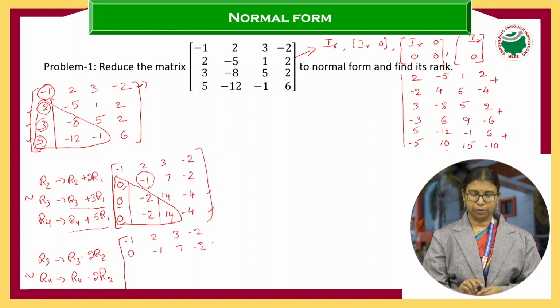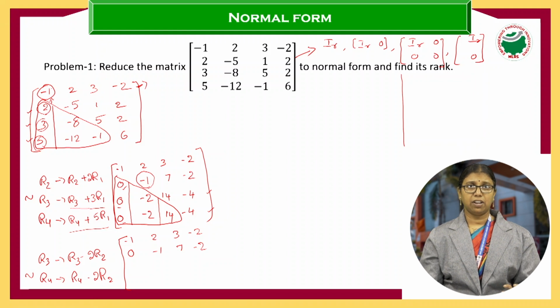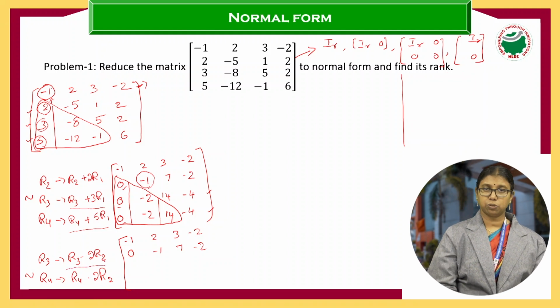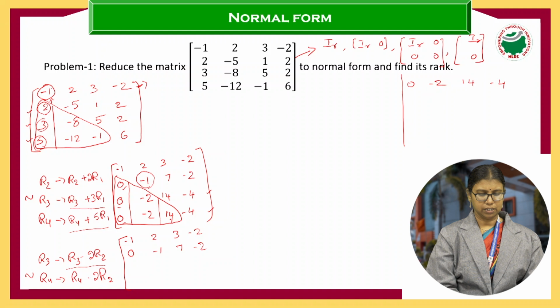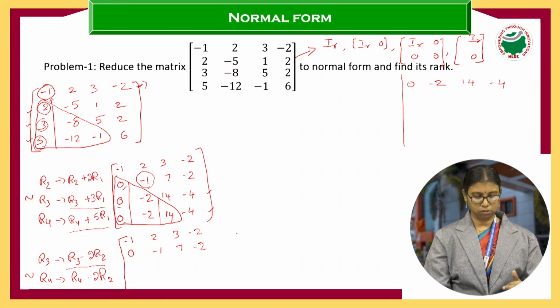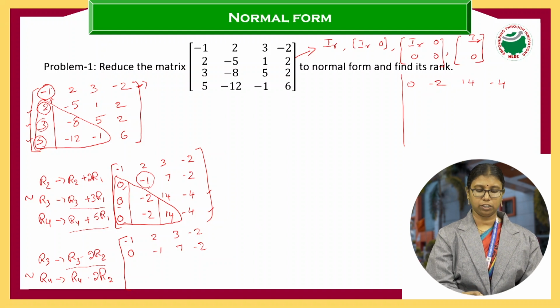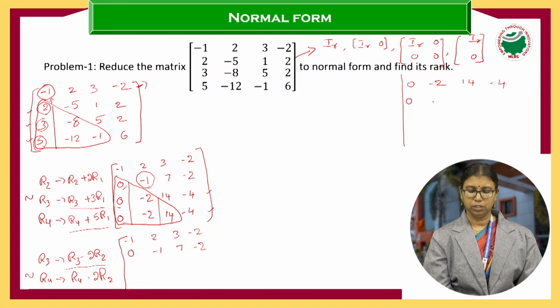Now, write down the row operations. The row operation for R3 is R3 minus 2R2. First, write down R3. R3 is 0, minus 2, 14, minus 4. Similarly, R4 has the same values. So, do the calculation 2R2: multiply the second row with 2. You will get 0, minus 2, 14, minus 4.